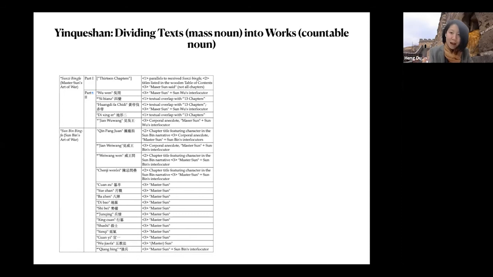And then of course, how do you know whether we are talking about Sun Wu or Sun Bing? That's where the interlocutor as another paratextual element becomes important. It's through which king they're speaking to that we know which of the Sun figures we're talking about, and therefore whether this text belongs to this pile or this pile.